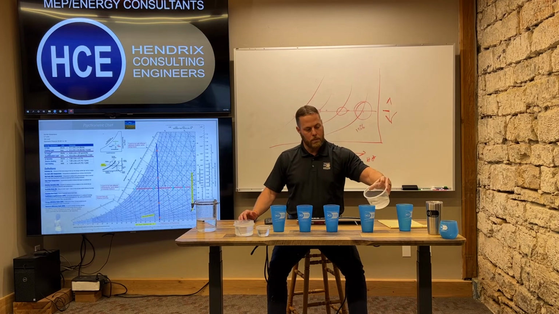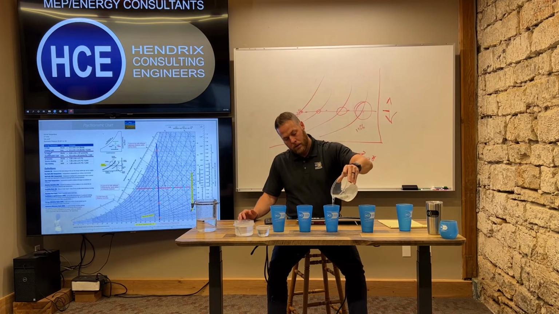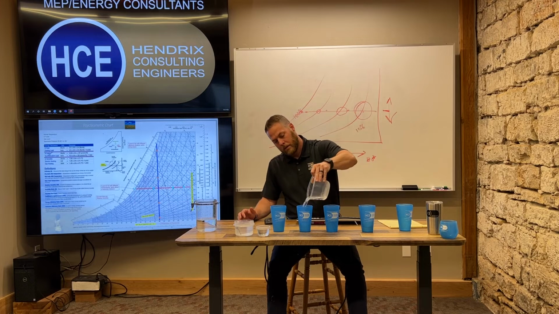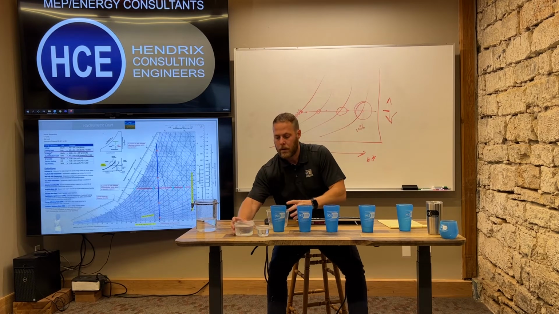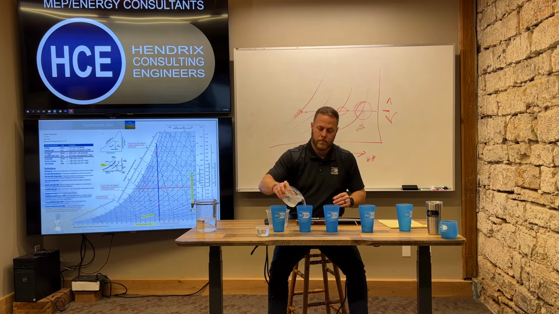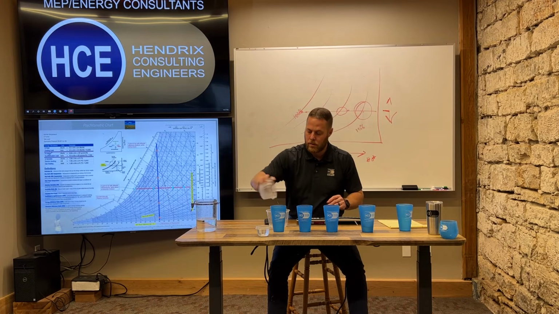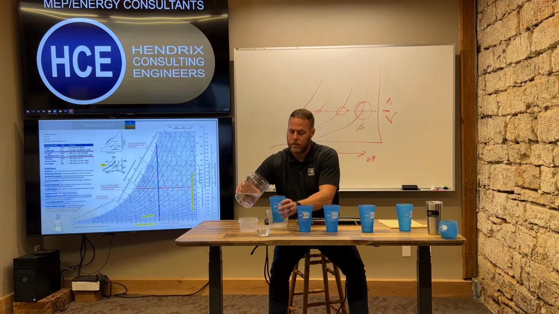So we're going to start at the bottom, 10%, 30%. I need a little more water here. 75%, and this last one, I'm going to fill her all the way up.